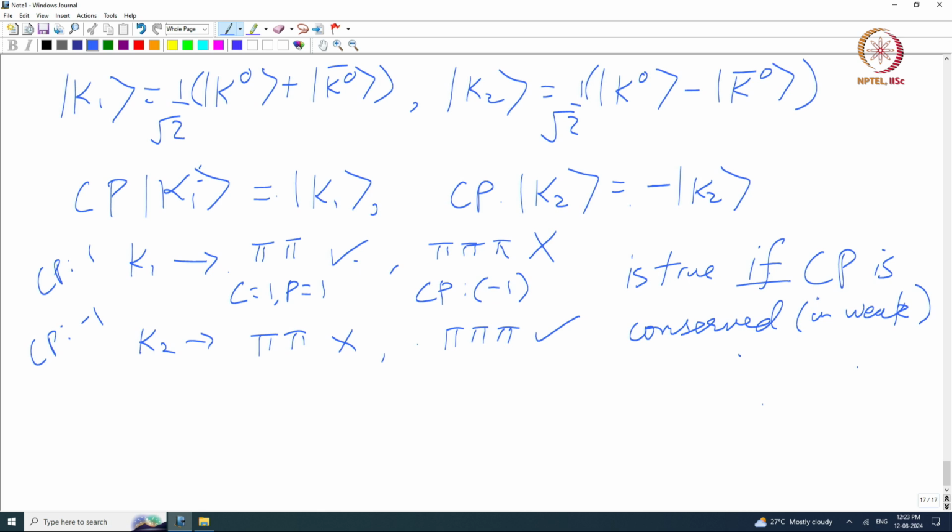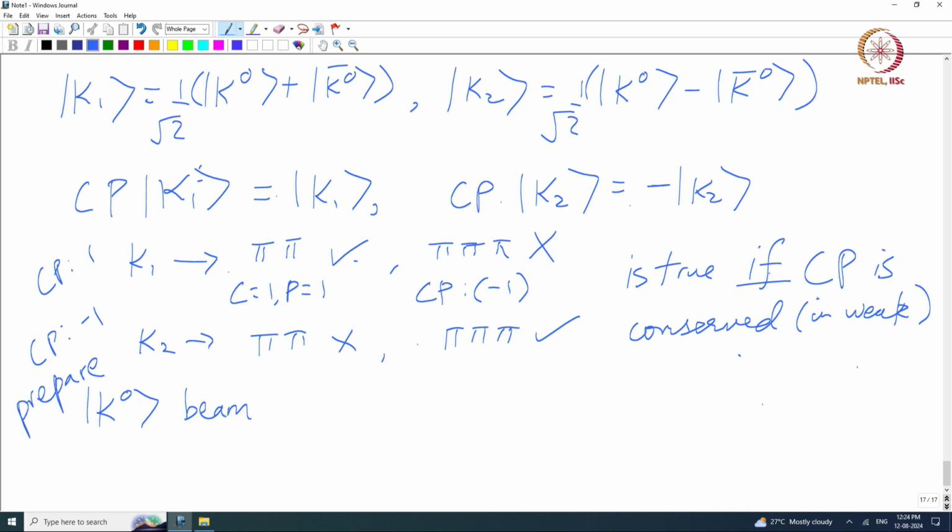Why? Think about it this way. You can prepare a beam of K0 eigenstates. How can you do this? Using the strong interactions.